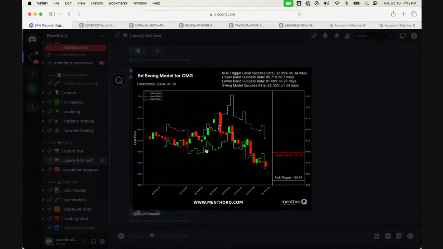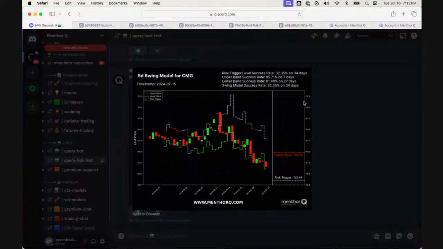Yeah, in this case we're showing an upper band, which has a bearish bias, right? As you can see, the upper band has been shown on 7 days. The lower band, even though the trend is sideways, kind of towards a bearish trend, still had an 81% success rate on those 27 days.